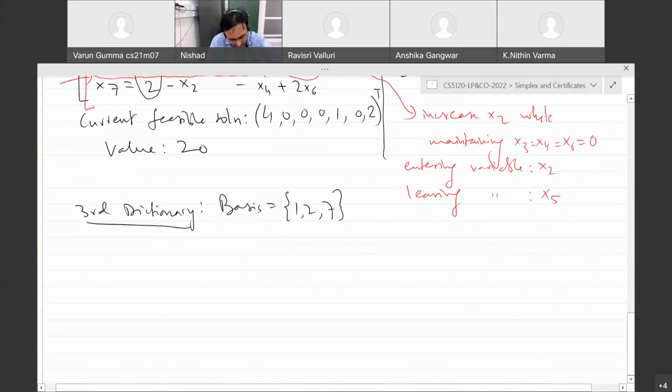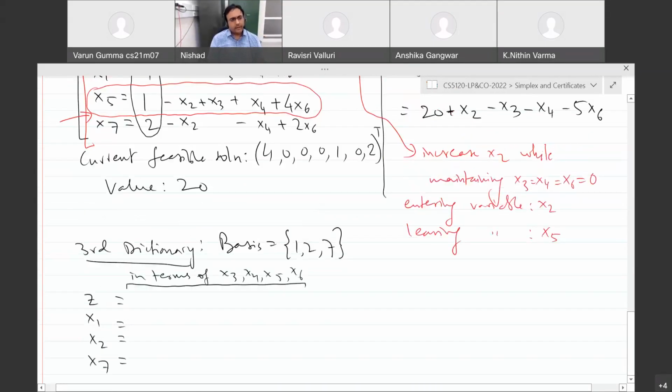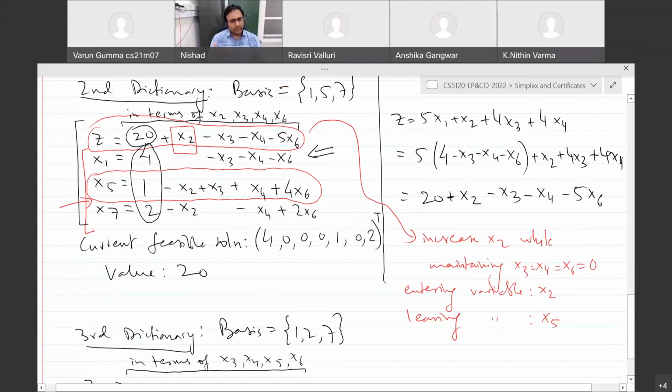And that means we want to write down all the z, x1, x2, and x7 in terms of 3 to 6. Okay. And how do we do that? Can anyone tell me what is the equation we should use to substitute stuff?